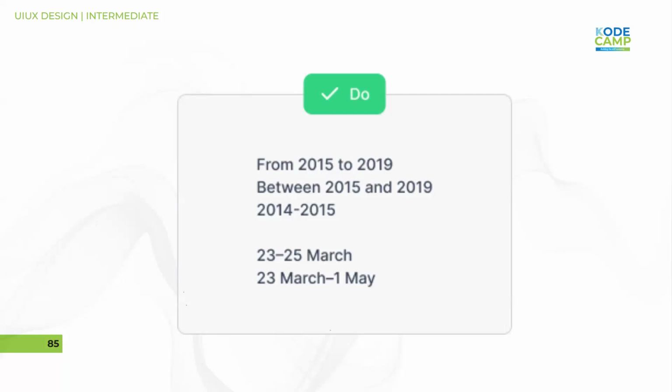Don't say from 2015 and 2019. That is jargon. Don't say between 2015 to 2019. Say between 2015 and 2019, or from 2015 to 2019. That is perfectly fine.